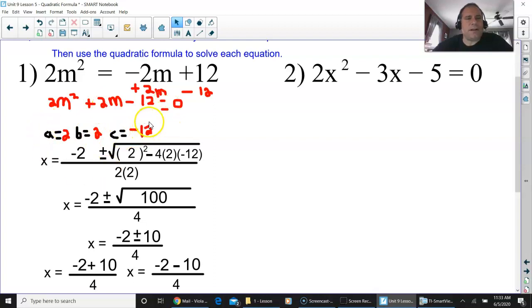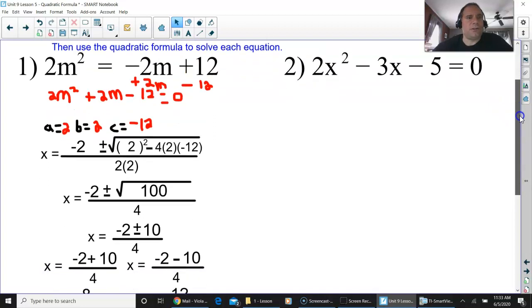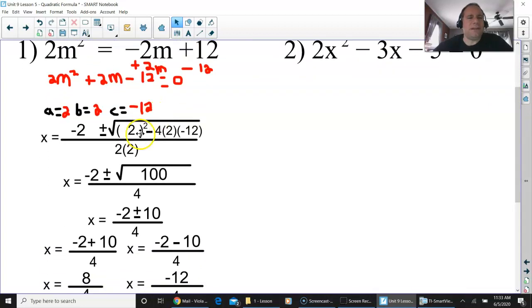I'm using the quadratic formula, even though the directions say to first use the discriminant. I'm doing it here anyway, so I'm just going to go through what the quadratic formula is. Then I'll decide at the point underneath the radical how many solutions this is going to have.